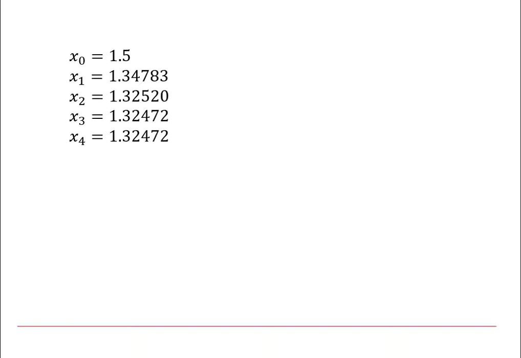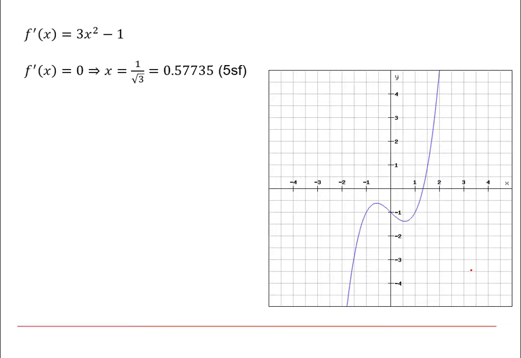So hopefully you've got these values, and we can see that the convergence for the Newton-Raphson method is much quicker than for either the bisection method or the false position method. But now we're going to look at a case where the Newton-Raphson method fails.